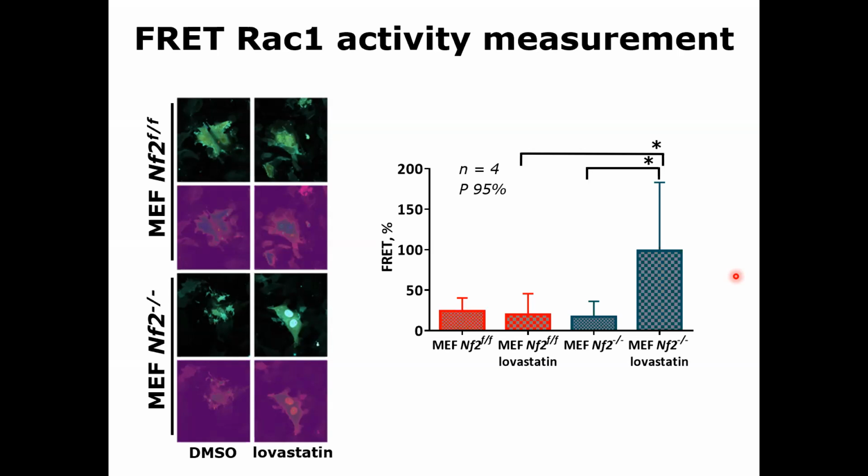So now we are working on the further clarification of the mechanisms by which active RAC1 kills the cells in the nuclei. But it's now obvious that this can be transferred to any oncology that is dependent on active RAC1. So it probably can be applied to breast cancer and certain forms of skin cancers that have active RAC1 in pathogenesis.